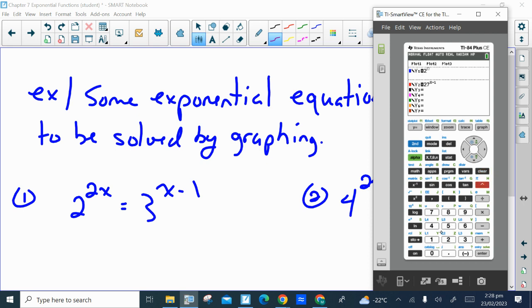2 to the power 2x is our first equation. That goes into y1, that's the left side. The right side will be 3 to the power x minus 1. So when you graph them, and then find the point of intersection.